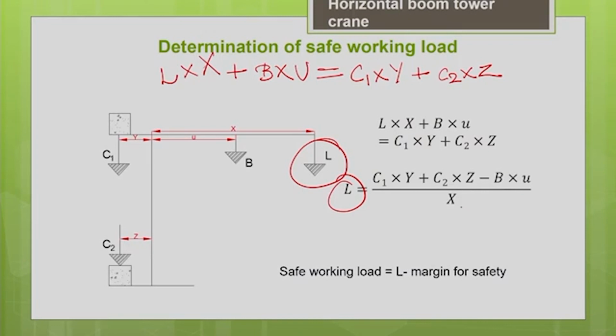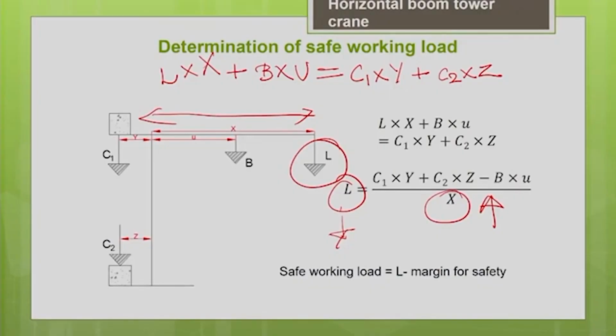You can note that as X increases, as the radius increases, your lifting capacity reduces. That is why at minimum operating radius, your lifting capacity will be more. At the maximum operating radius, your lifting capacity will be less, because the stability of the crane is affected at higher operating radius.